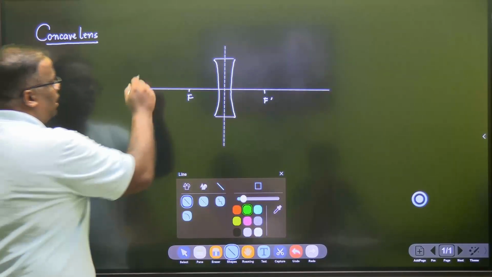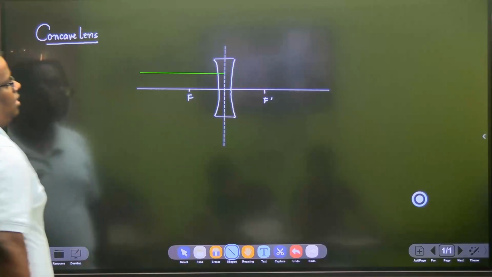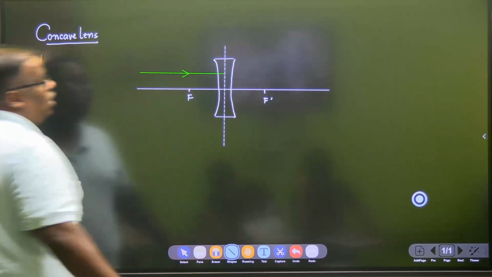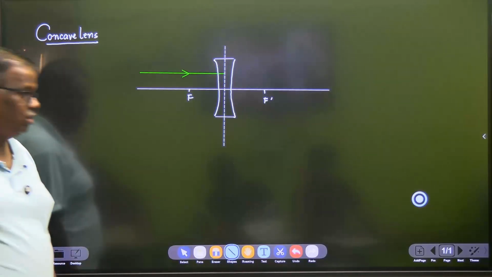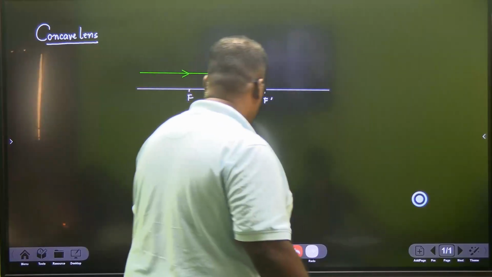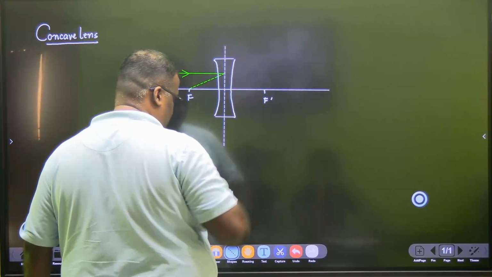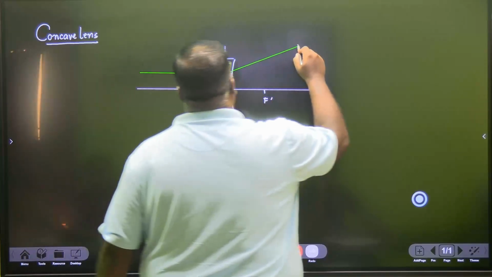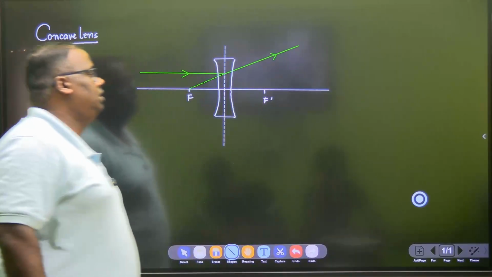A ray of light which is parallel to the principal axis will appear to diverge out from the focus. Do you understand? What I mean to say is that it will appear to diverge out from the focus. So the ray will be in this manner. Have you understood this?